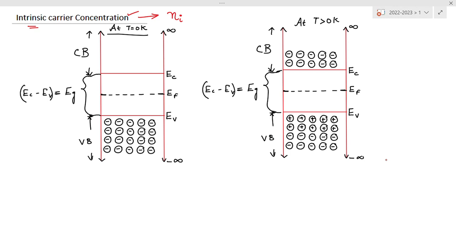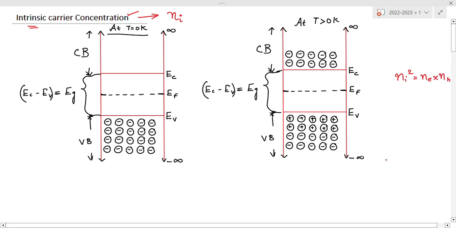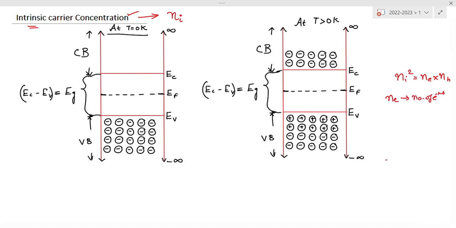The formula which we are going to use is based on law of mass action. Ni square is equal to Ne into Nh, where Ne denotes the number of electrons in the conduction band of the intrinsic semiconductor per unit volume.